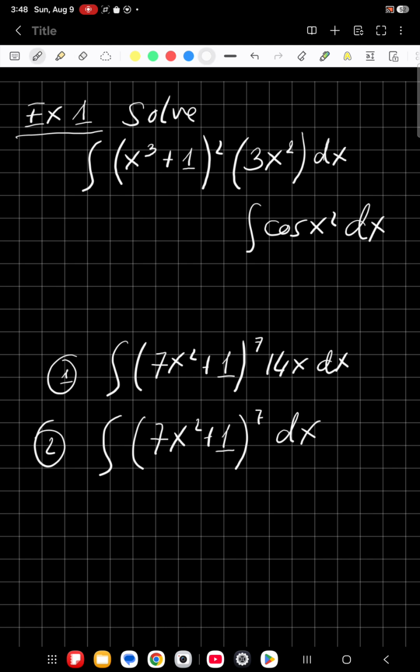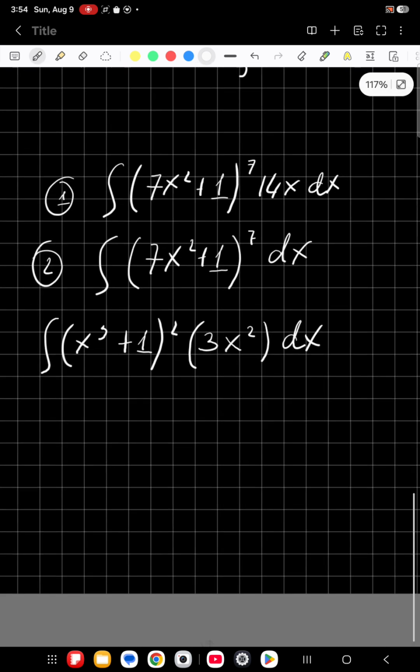So the problem was (x cubed plus 1) squared, and then we have the 3x squared that we need. Let me close the window. Let's go back to this problem.